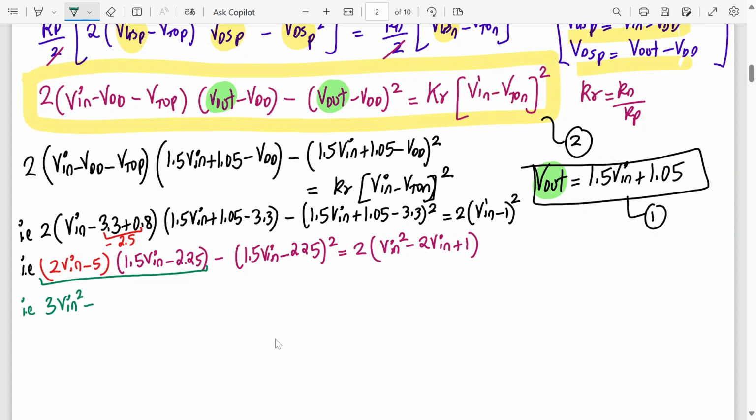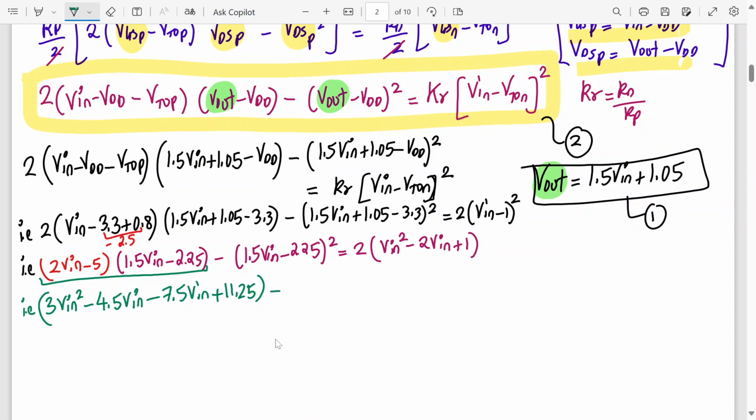How much is that? 2 into 2.25, that is around 4.5 times V in, then minus this 7.5. I multiply these two, and then plus 5 into minus 5 into minus 2.25, that is 11.25. Just check this. I opened the bracket. So 3 into V in square minus 4.5 V in minus 7.5 V in plus 11.25, right?